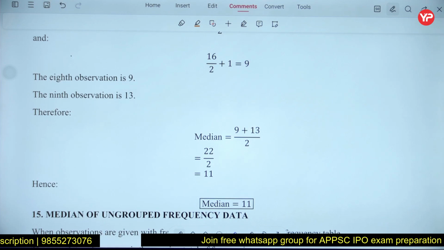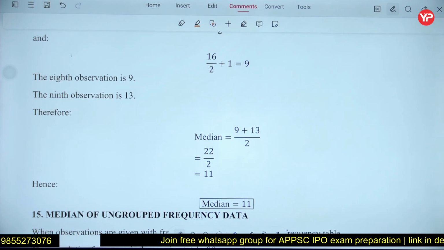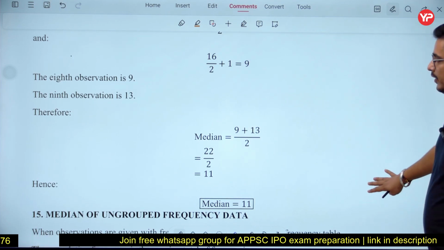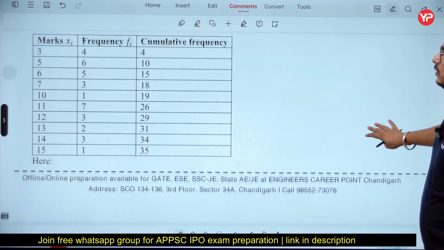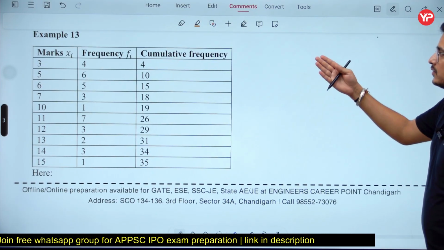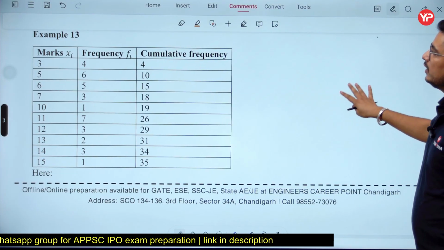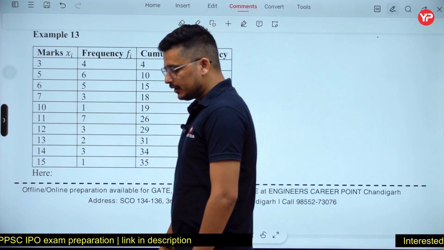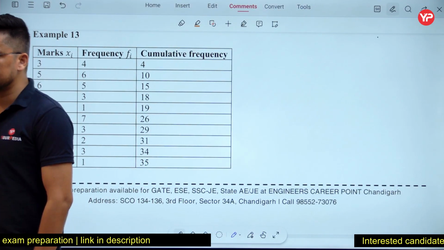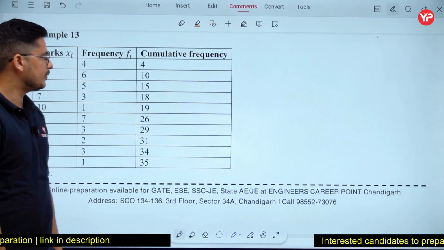Now the next important thing is ungrouped data with frequency. Here you have the marks, the frequency, and the cumulative frequency. To calculate the median, you have to make a cumulative frequency table.